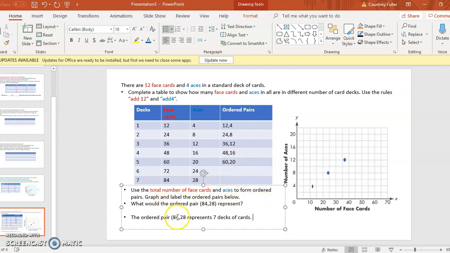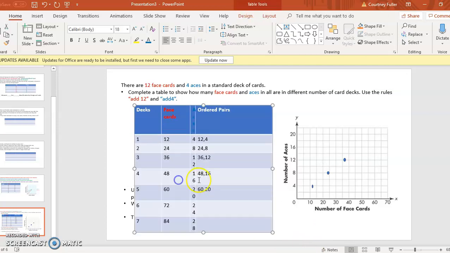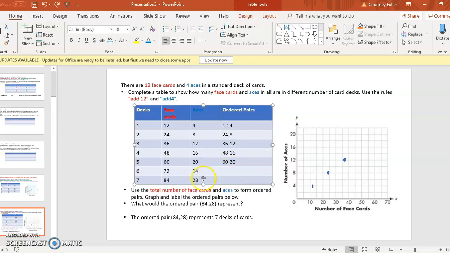Again, the ordered pair 84, 28 represents 7 decks of cards, and you can see that right there in your table. Oh my, what happened? Control Z. Represents 7 decks of cards.